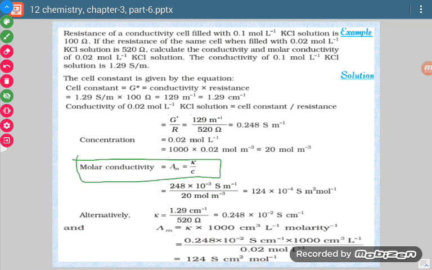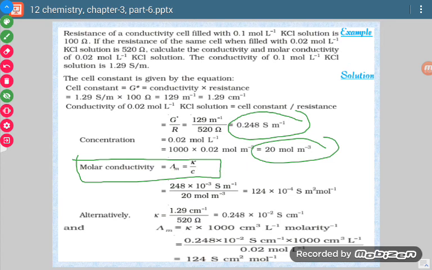So molar conductivity is equal to kappa by C. Now both the values are with us, so we can put the values and calculate the value of lambda m. This is 0.248 Siemens per meter and this is 20 mole per meter cube.